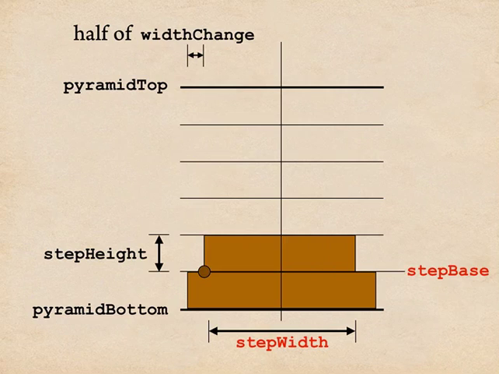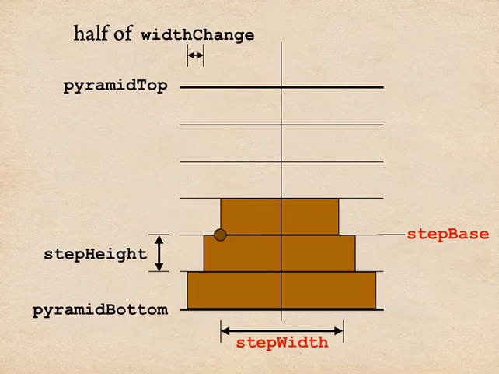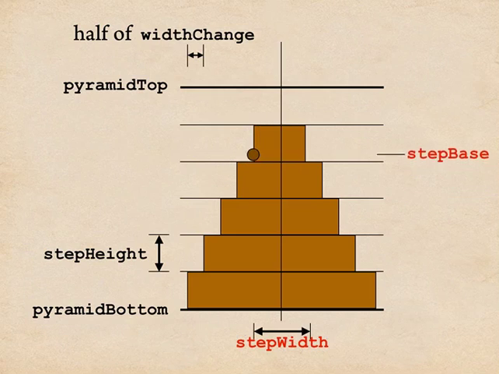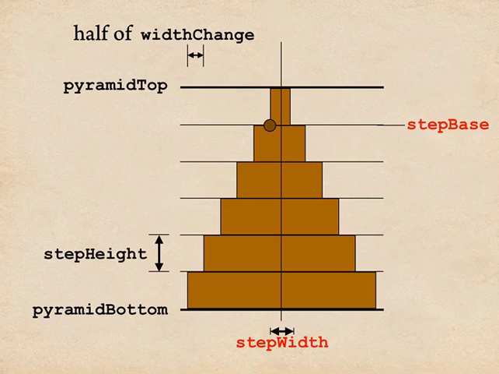And now we repeat the process. We move up by step height, we narrow step width by subtracting width change from it, and we're ready to draw the rectangle. So we just march our way up, drawing the rectangle, moving up and in, draw the rectangle, move up and in, draw the rectangle, and now we have to figure out when we want to stop. I can think of 2 tests off the top of my head.